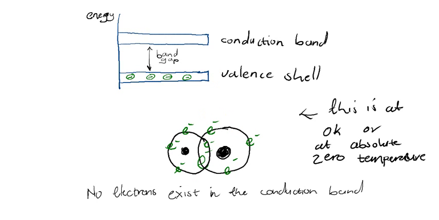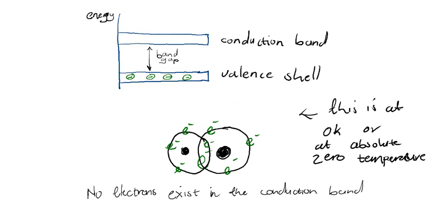For a silicon crystal at 0 degrees, not 0 degrees Celsius, because 0 degrees Celsius is not yet absolute 0. At absolute 0 temperature, there are no electrons in the conduction band. The electrons exist in their prescribed energy levels for a silicon crystal at absolute 0 temperature.